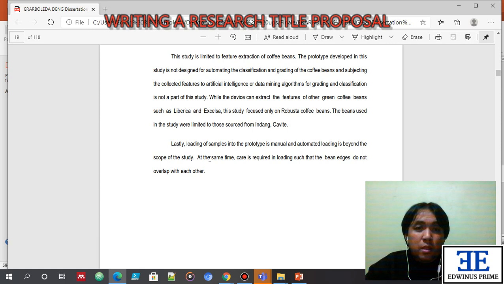So you can look here at my technique. Loading of samples of the prototype is manual, and automated loading is beyond the scope of the study. I already said during my defense that the focus of my research is edge detection in image processing and not the mechanical part.